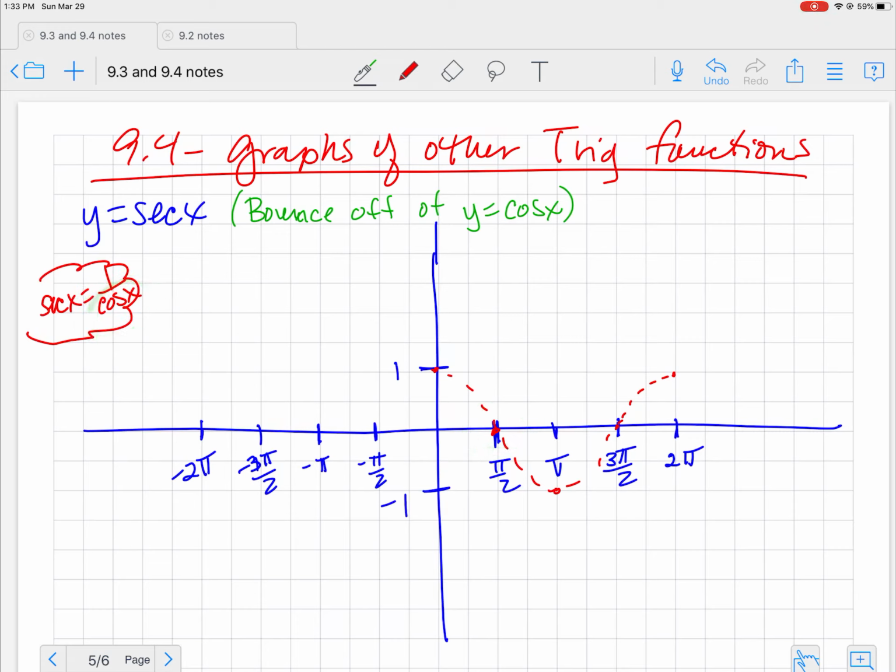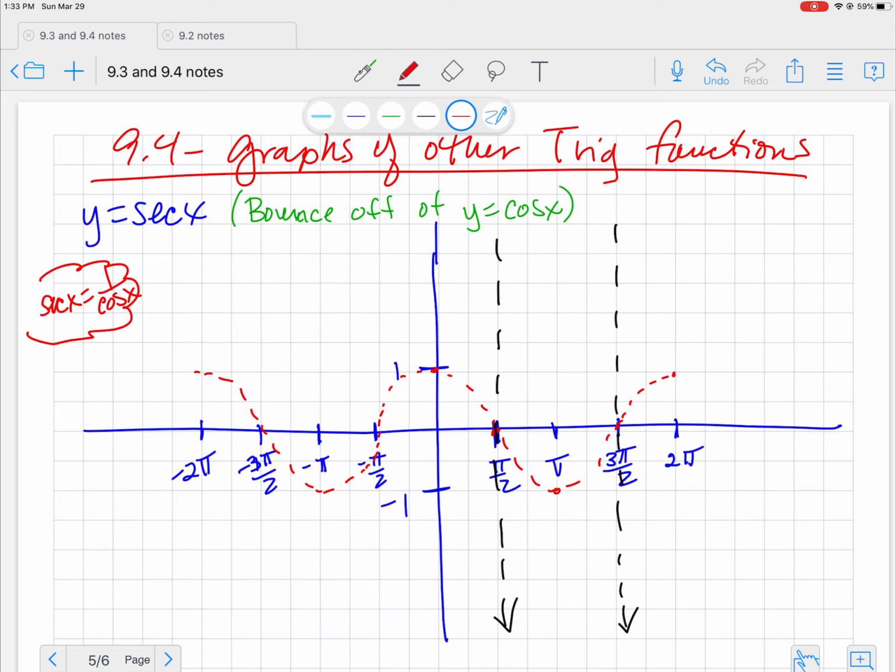What happens here? Cosine's in the denominator. So if cosine is 0, what happens when you have this 0 denominator? Undefined, right? Well, check it out. For my secant graph, everywhere cosine is 0, I'm going to have an asymptote.